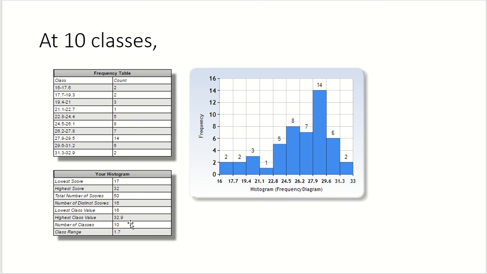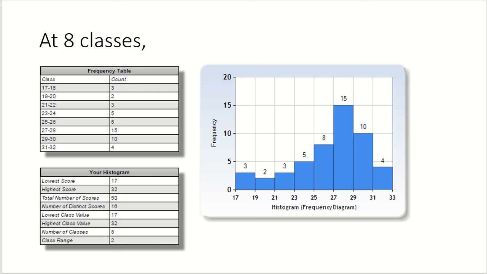So, this is something that you will have to dictate to the app. Ikaw magsasabi sa app kung ilang classes ang gusto mo. Okay? So, katulad nito, these are 10 classes, ito ang naging itsura ng histogram mo. At 8 classes, ito naman ang naging itsura ng histogram mo. Okay? So, there are apps you can use.